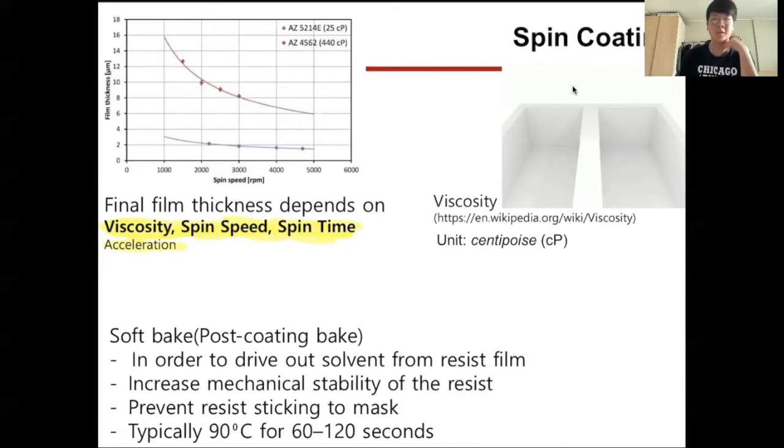After that, the acceleration is also important, and the spin speed and the spin time are very important to the thickness of the photoresist.